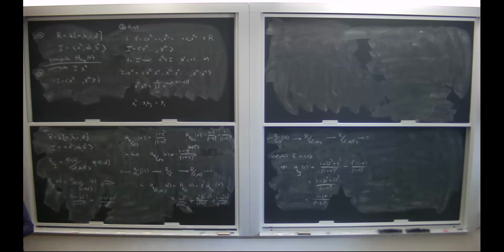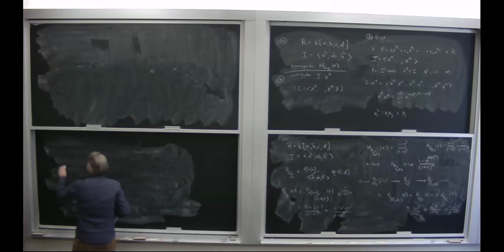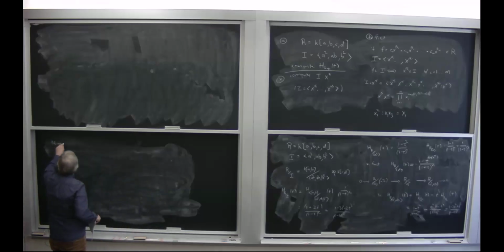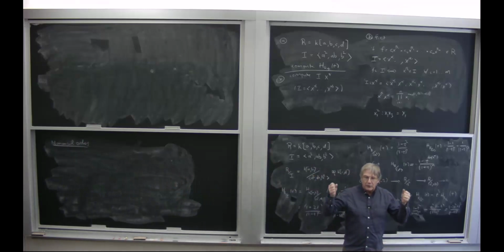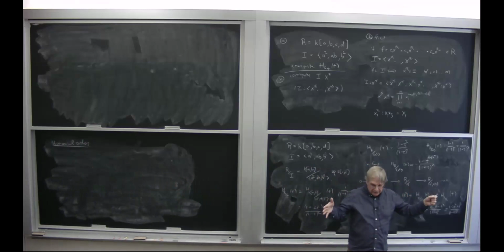Okay, so now we're going to go on and do monomial orders and Gröbner bases. I wasn't going to give the whole usual shtick that I do when I first introduce the Gröbner basis. The question is, why do we do it? We have a bunch of generators for the ideal. In certain cases, we can understand everything about the ideal.